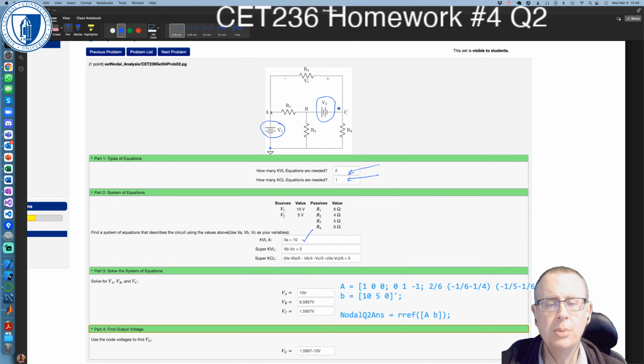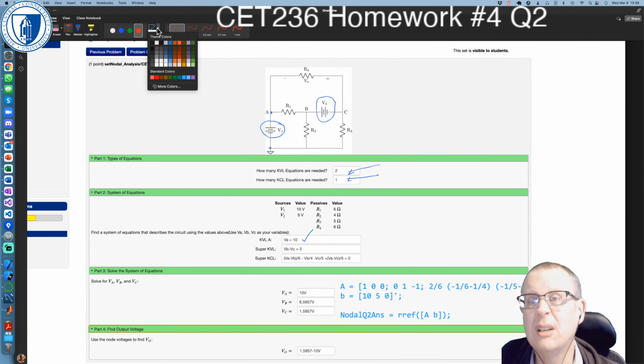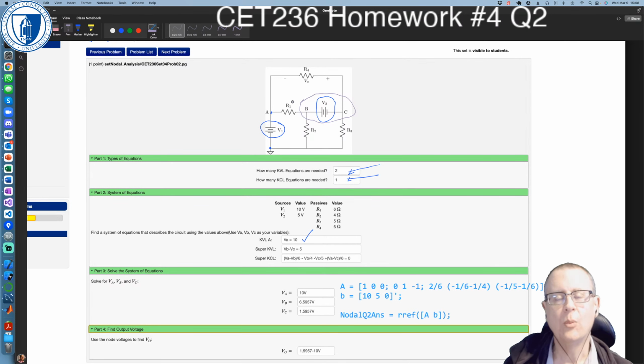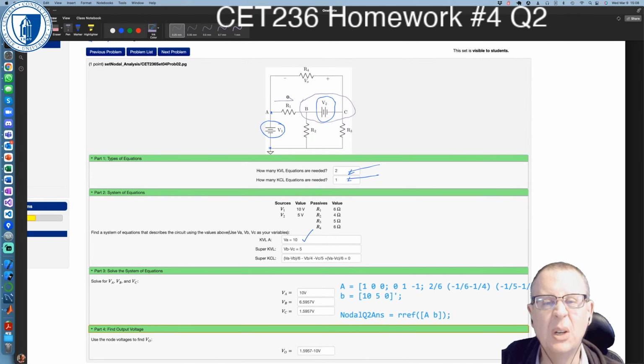The super KVL, so we need to make a supernode around V2, right? So let's make a supernode around V2. And we're going to look at all the currents flowing into that supernode as part of our super KCL equation.